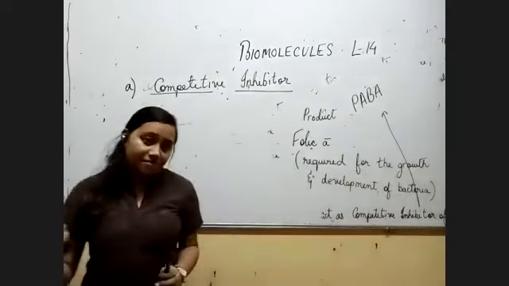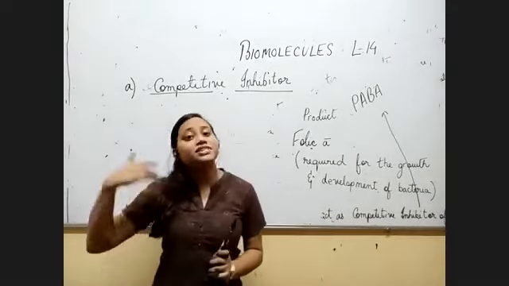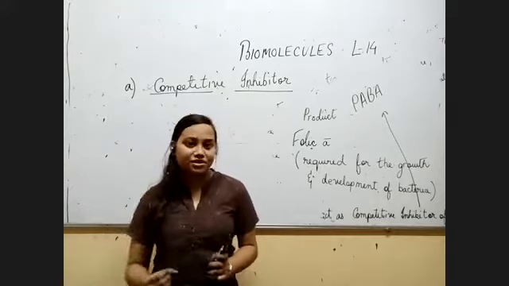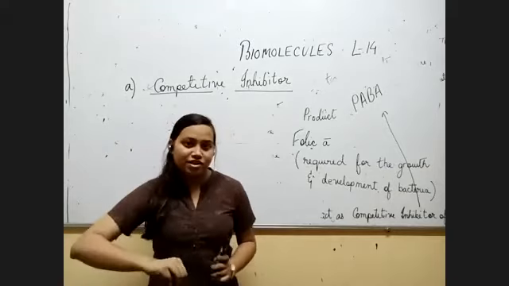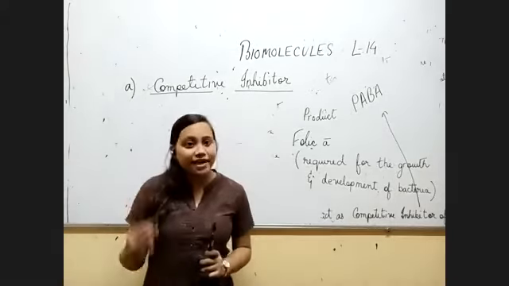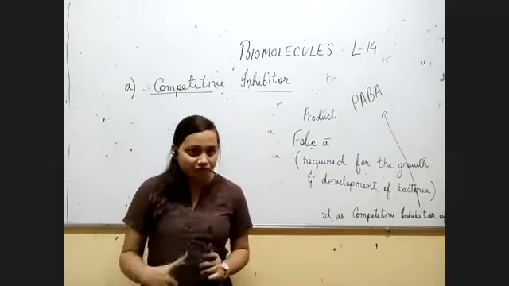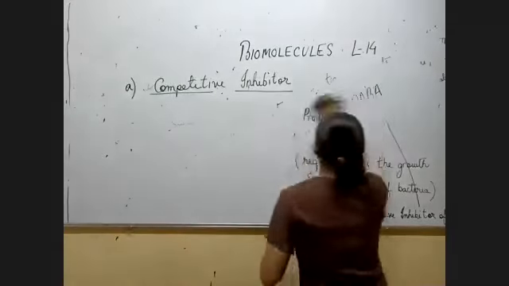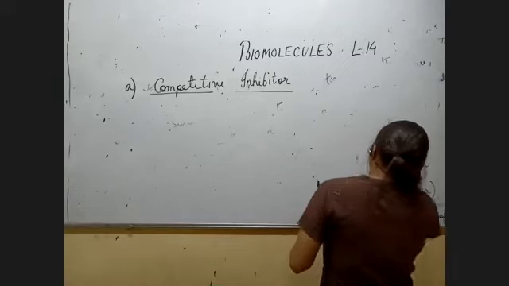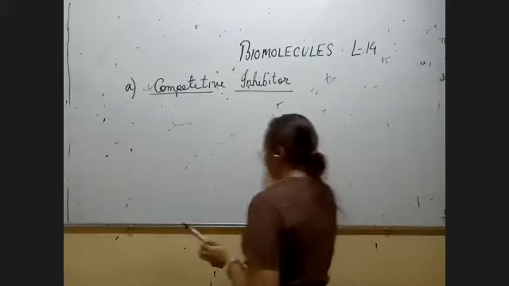Competitive inhibition is a reversible process. How can we reverse it? By adding more substrate. If we add more substrate, then we can reverse the process. Okay? Very important point.